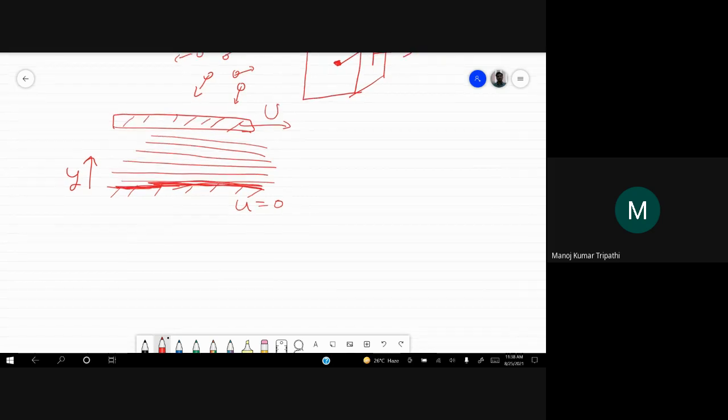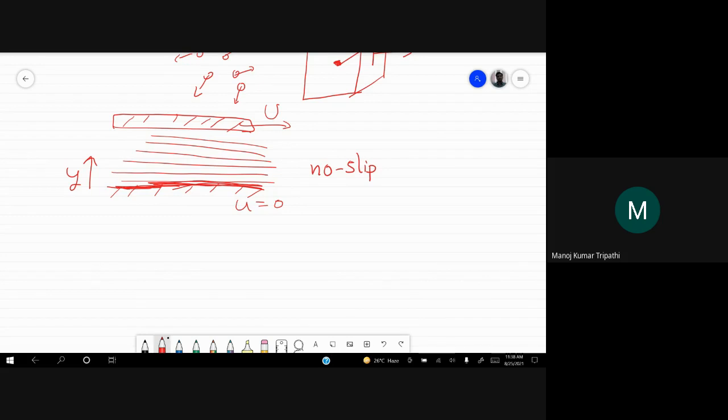This is also known as the no slip condition in fluid mechanics. It means that it doesn't slip. If you have a fluid and a solid boundary, some interface between a fluid and a solid, then the velocity of the fluid will be same as the velocity of the solid it is touching.